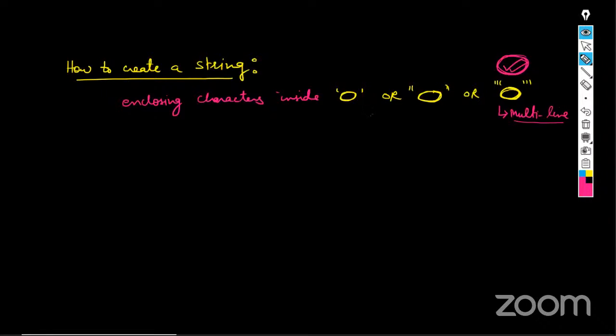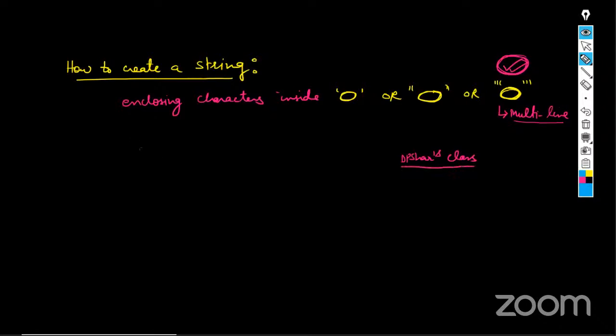Now, still you will ask, why then two methods? So sometimes, let's say you want to create a string like DP Sharma's class.